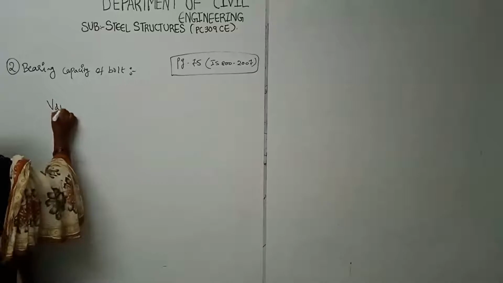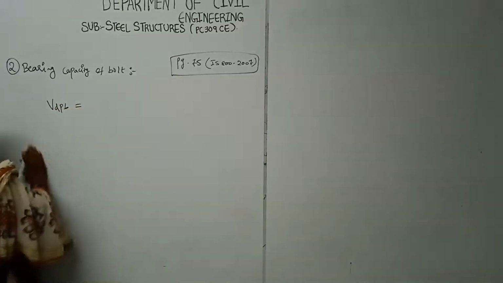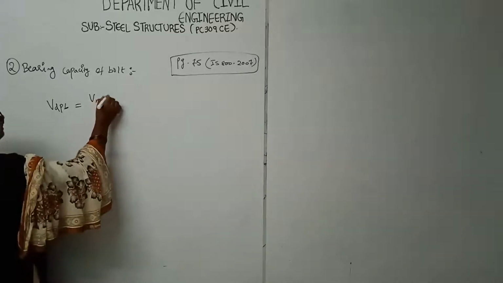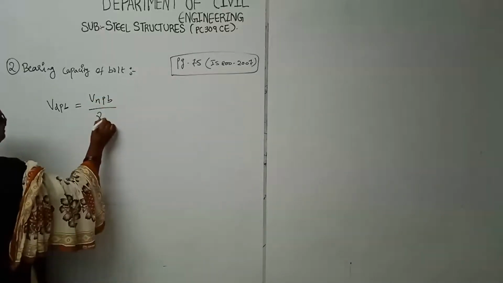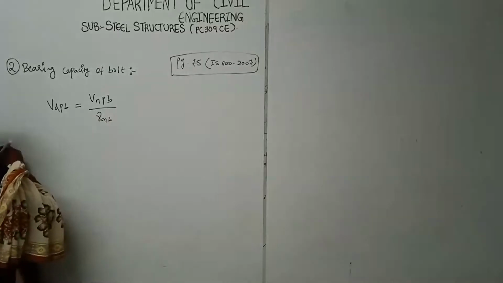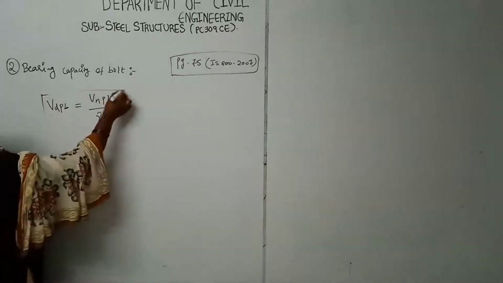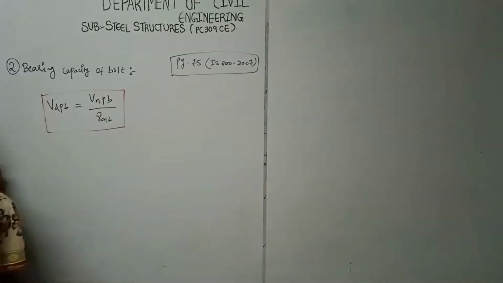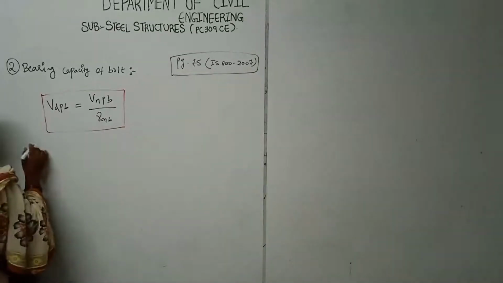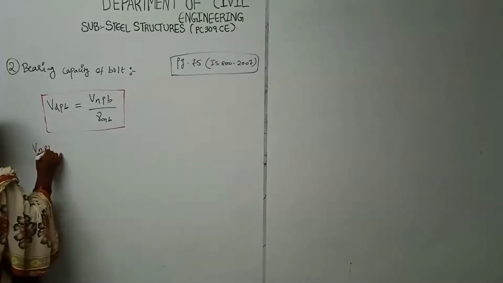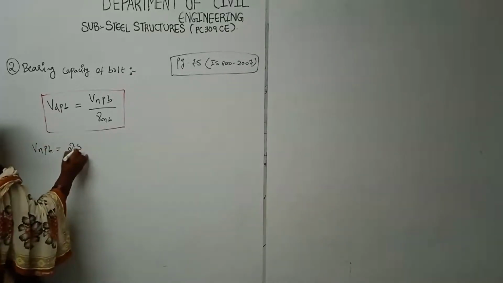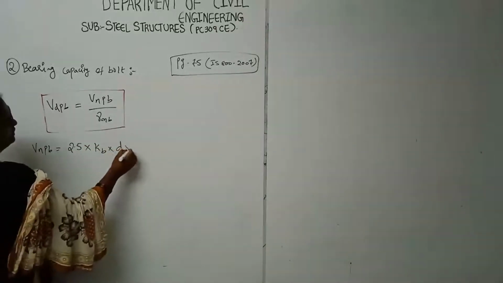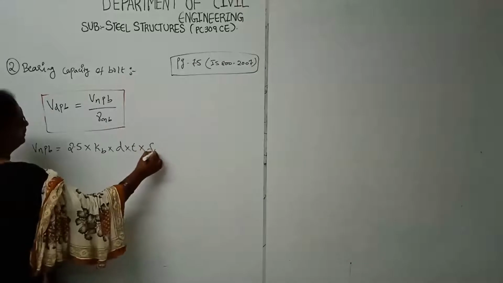There, V_dpb, the design bearing capacity of the bolts, will be given by V_npb divided by gamma_mb. So what is actually V_npb here? V_npb is equal to 2.5 K_b d t f_u.